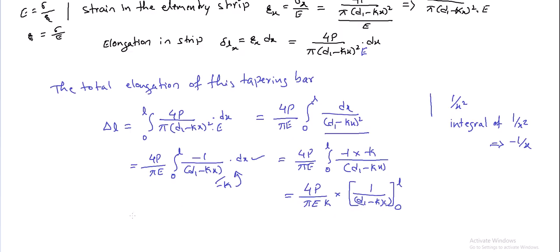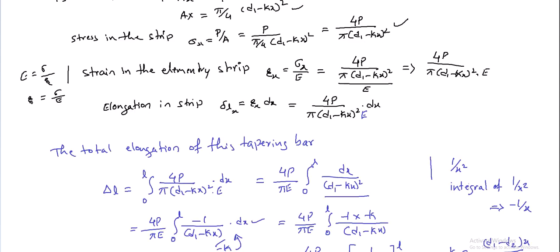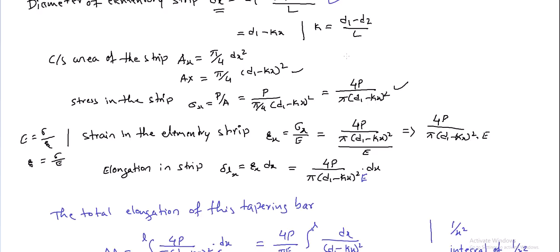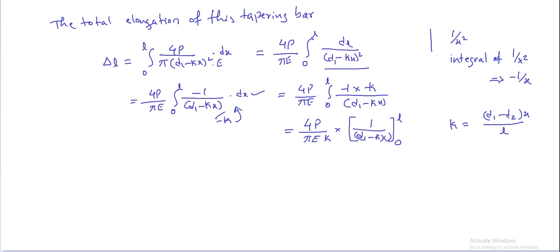Substituting the value of k first: the value of k is (d1 minus d2) times x divided by L. This is what we have written at the first step, and that is to be substituted here.